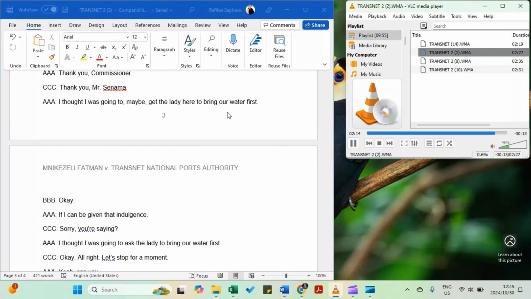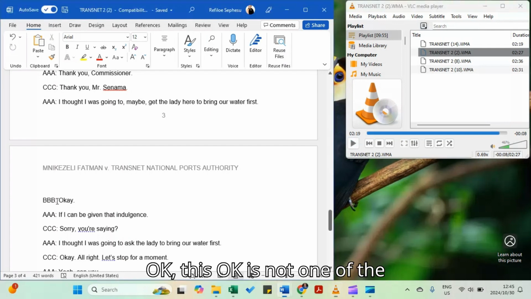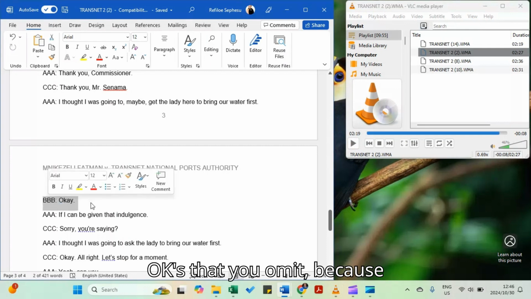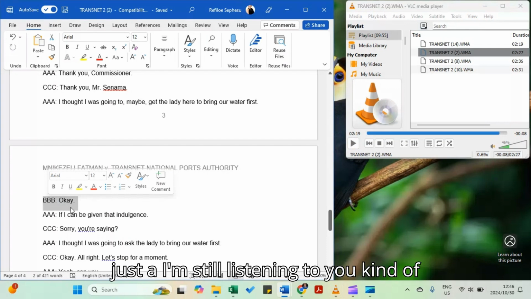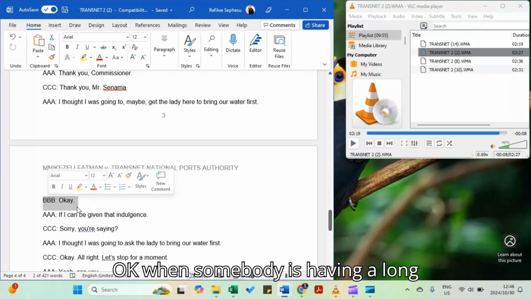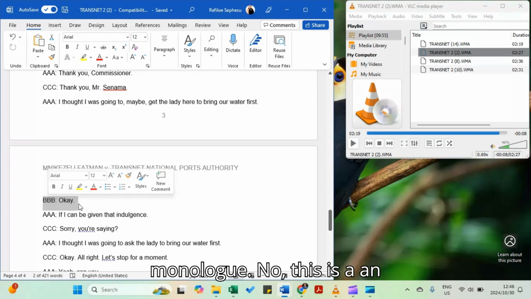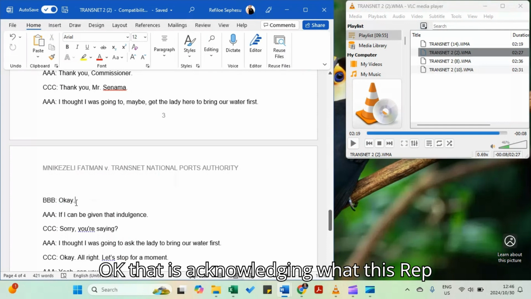Here to bring our water first, maybe. Okay. If I can be giving that. Okay, this okay is not one of the okays that you omit, because this is not said as just an I'm still listening to you kind of okay when somebody is having a long monologue. No, this is an okay that is acknowledging what this rep said.